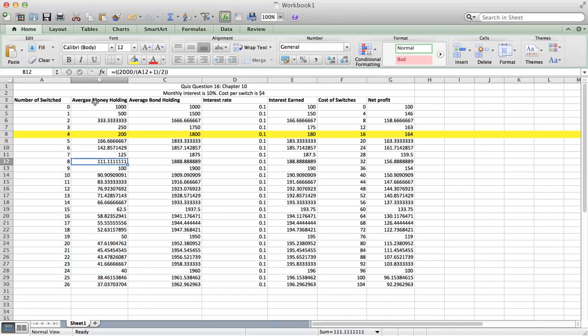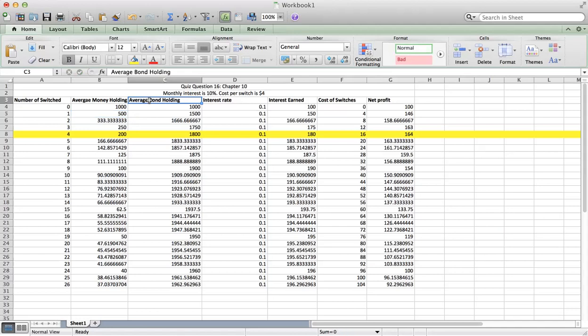In the second column, we have the average money holding. We did the first example. So with no switches, the average money holding is 1,000. With one switch, the average money holding is 500. And with two switches, it is 333.33.